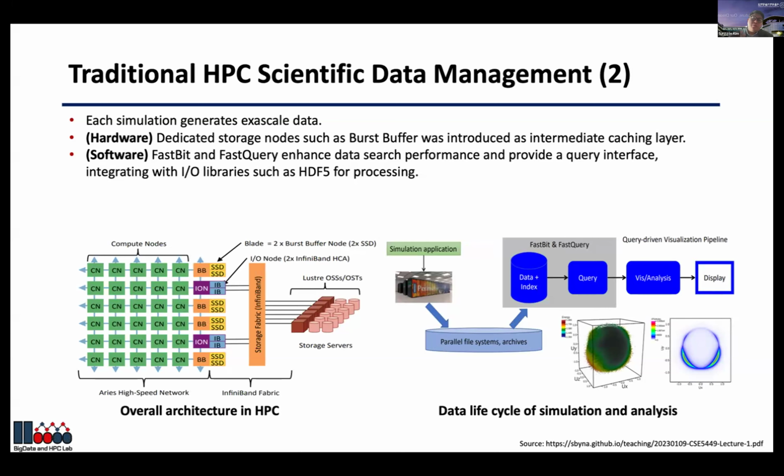And as applications produced a lot of data, people designed new, specific architectures for large scales of data. You might have heard of the term burst buffer.